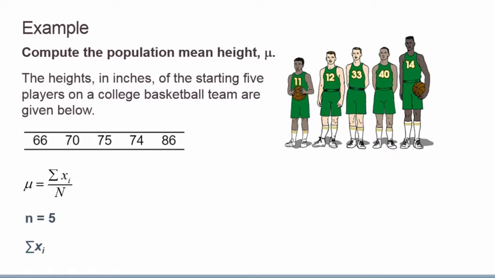The sum of my data, which is 66 plus 70 plus 75 plus 74 plus 86, is 371. So I want to divide 371 by 5, and my solution is 74.2. So the population mean equals 74.2.